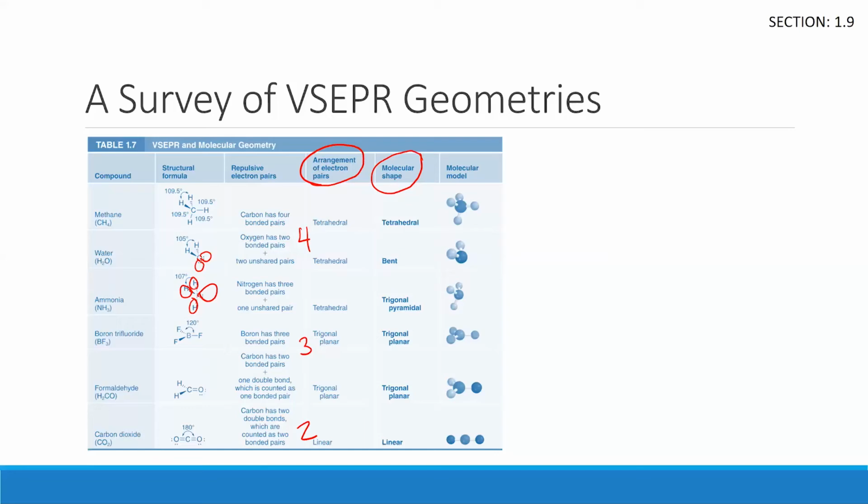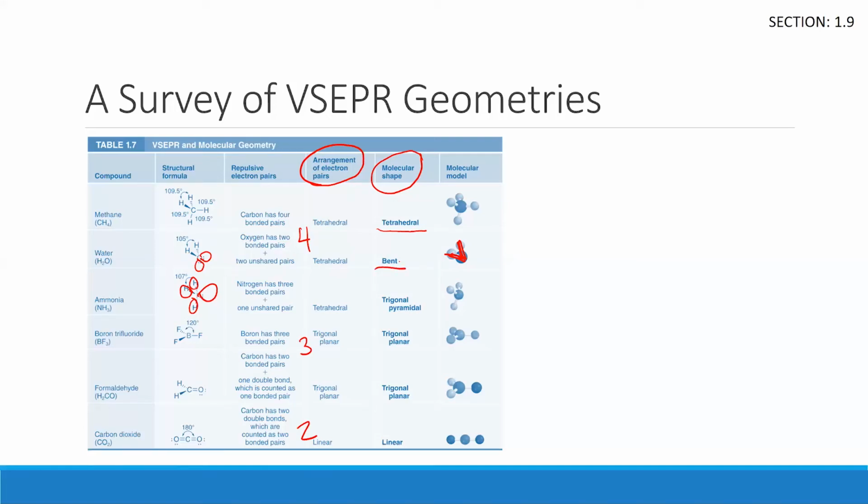So in our top one, we can see methane, water, and ammonia are good examples. Methane has no lone pairs, and so it's still just a tetrahedral for its shape. If you have 2 lone pairs like water, we're only going to look at the shape left over from the actual bonded elements, and so you get a bent shape.